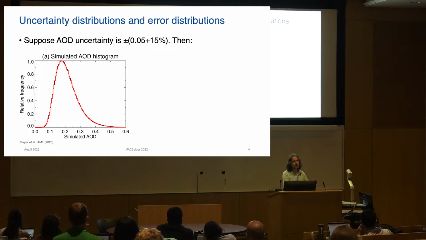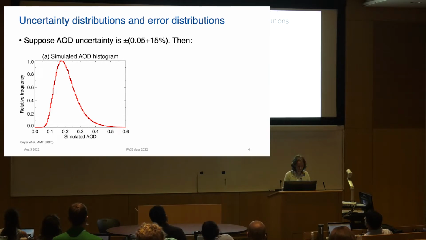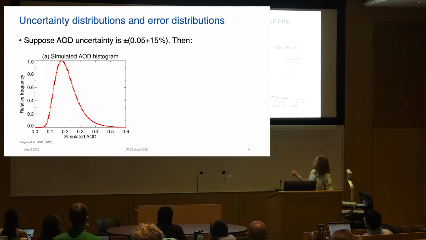Then suppose the histogram of true optical depth is this. What should my distributions of uncertainty and error look like? Well, you take this distribution of optical depth and you multiply it by what you think the uncertainty is. Then you're going to get a histogram of expected uncertainties like this.